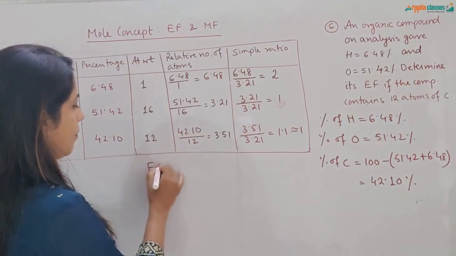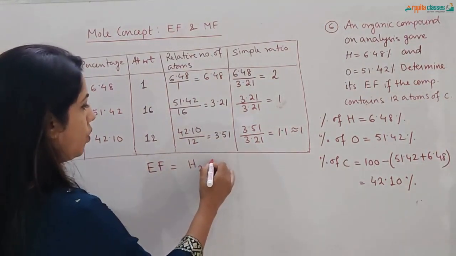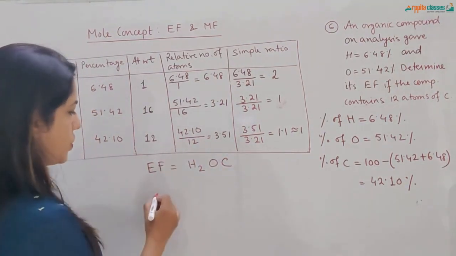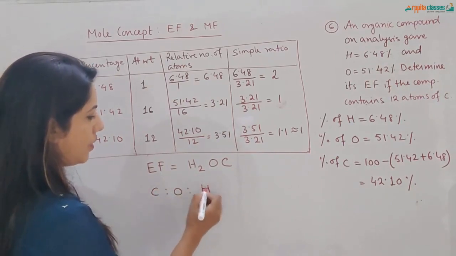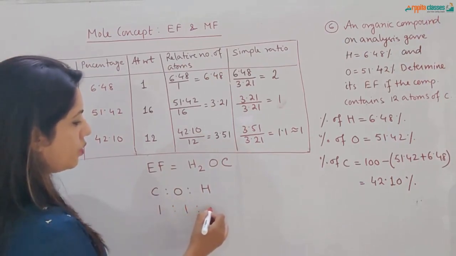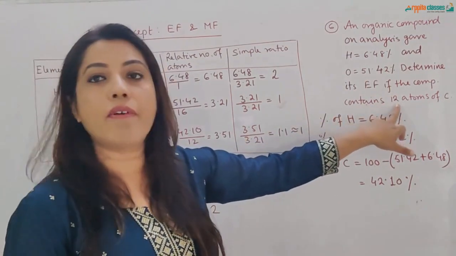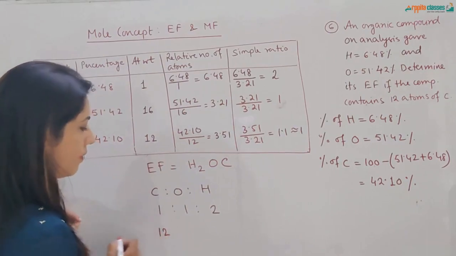Therefore, the empirical formula of the compound will be H2O1 and carbon is also 1. So the ratio of carbon to oxygen to hydrogen is 1:1:2. Now it is said that it contains 12 atoms of carbon. Therefore, carbon corresponds to 12.